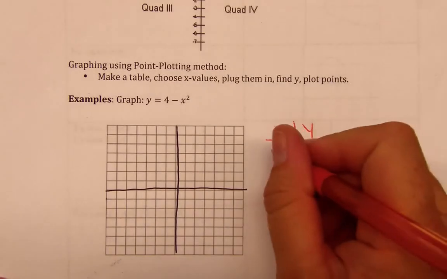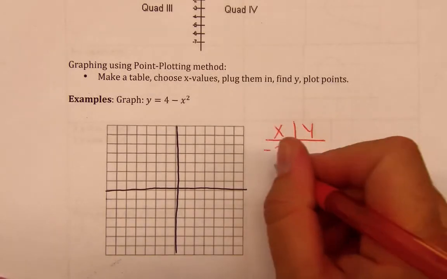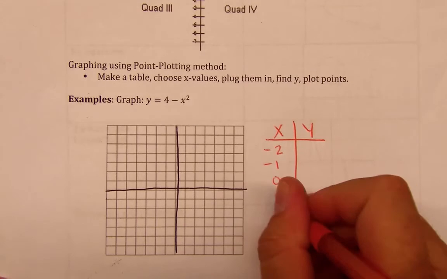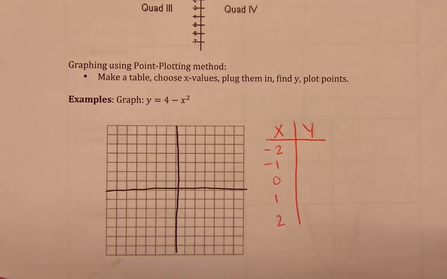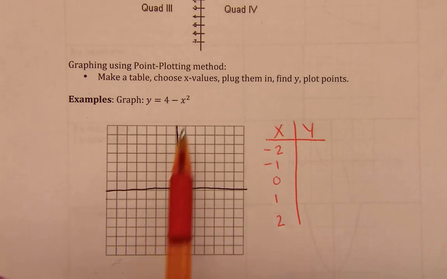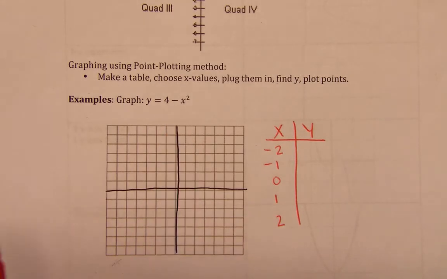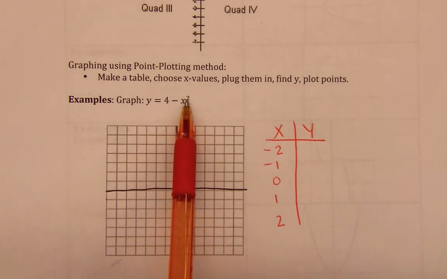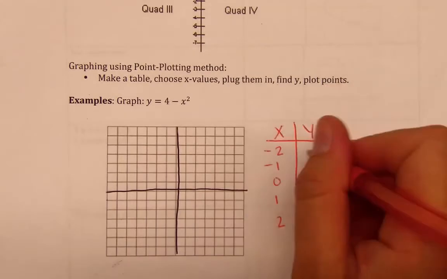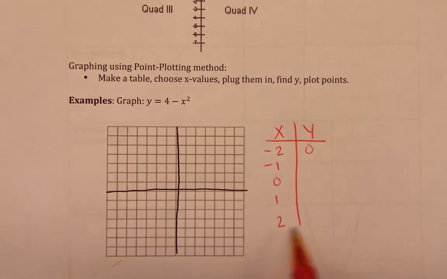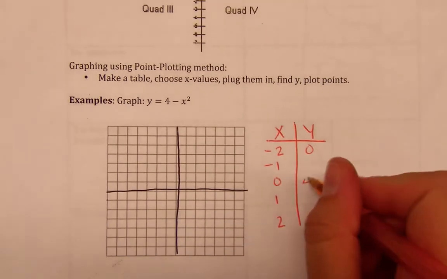And I'm going to choose -2, -1, 0, 1, and 2. And those are always a good place to start with in choosing points. If I choose -2, then I have -2 squared is 4, 4 minus 4 is 0. And the same thing is going to happen with +2 squared. If we plug in 0, we get 4.